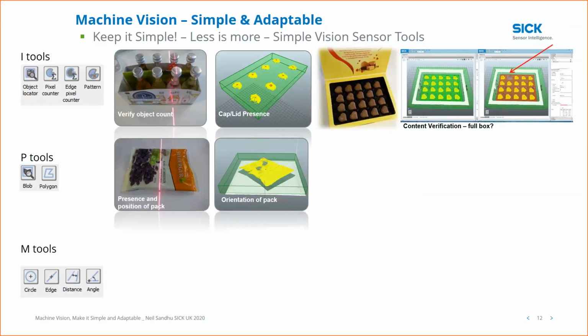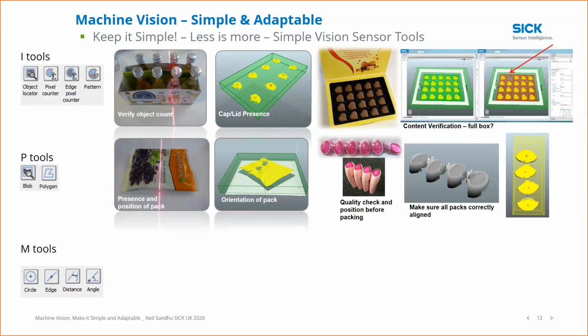Positioning wise, we can look at objects, large or small, to see if they're present, to see if they're positioned correctly, if it's going to be automated for packing, if it needs to be rotated, or if whatever needs to change its orientation. We can look at that and report that out, as well as looking at this in a slightly different way in terms of bottles and making sure their orientation is aligned correctly.